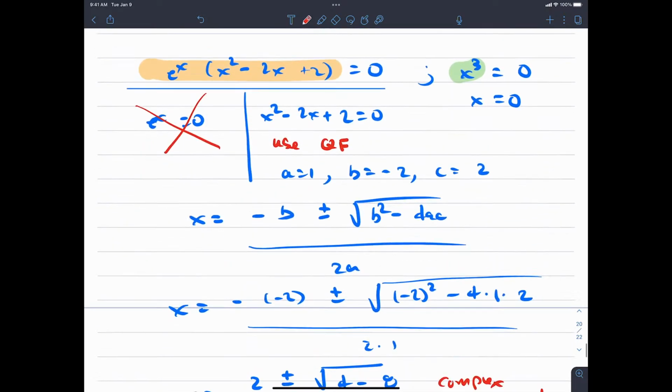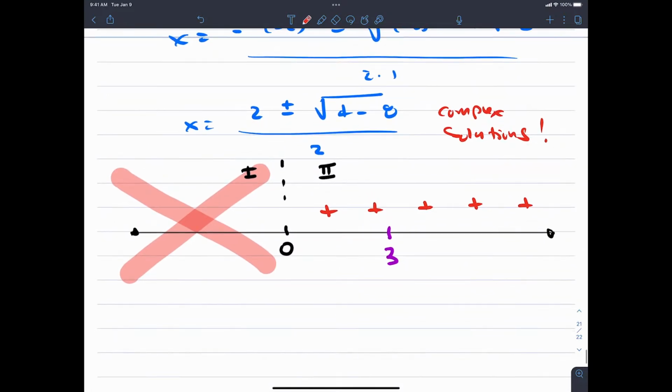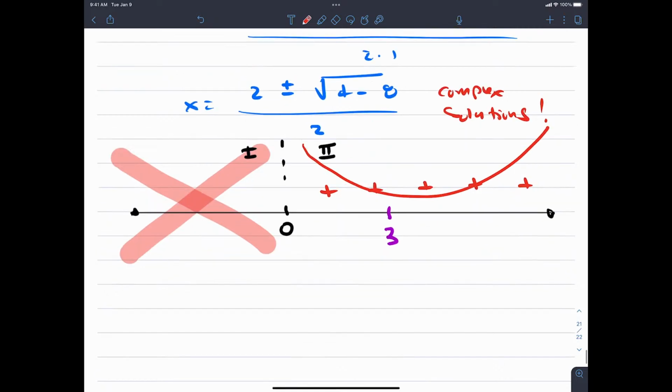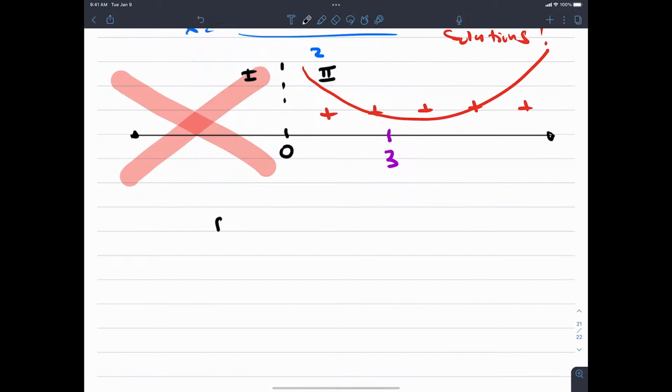Positive times a positive is positive. So here's what this means. So when you do sign analysis on the second derivative, that region is positive. And what do? This is your concave up picture. So the answer to the question is, what about concavity? The function is what? Concave up, CU. On what interval?